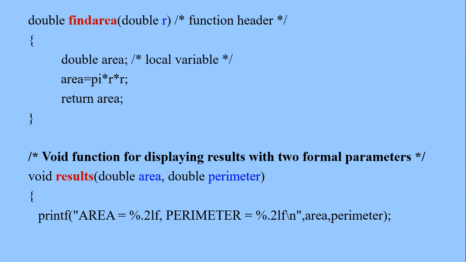So, for example, if it receives area as 20.11 and the other one as 11.11, it will display area equals to 20.11, perimeter equals to 11.11. And that's all. That will be the purpose of this function, just to display or output the results.